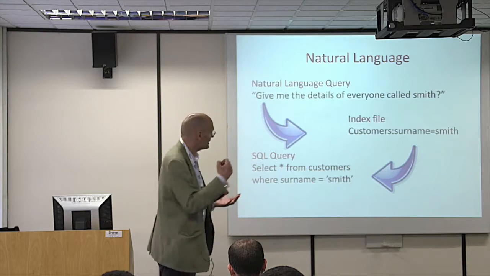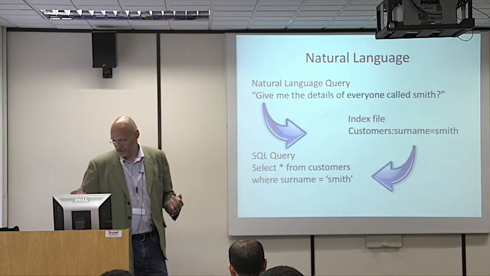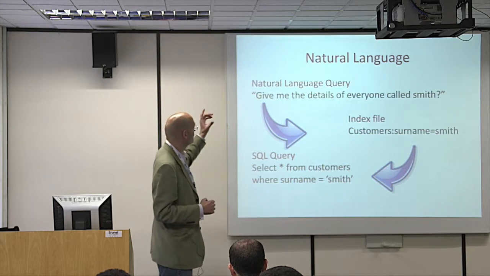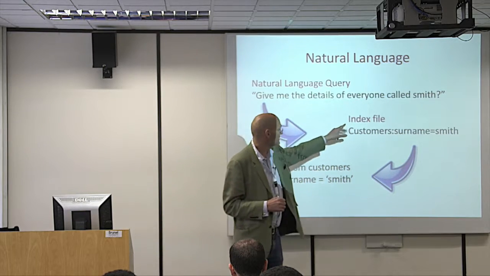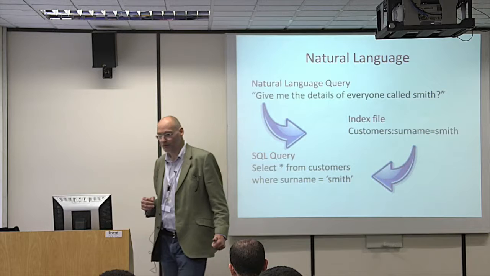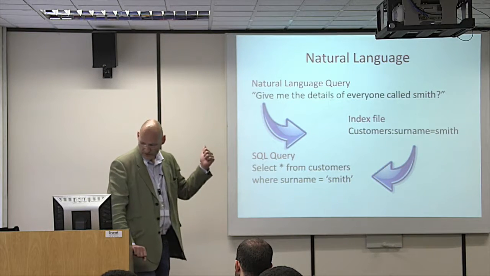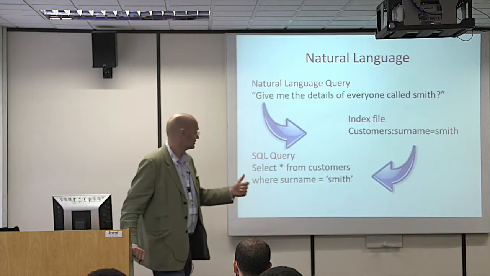Do I naturally need to know that it could be the surname Smith when I'm doing my translation from a natural language query into an SQL query? Because my index file tells me what table I'm going to have to search.